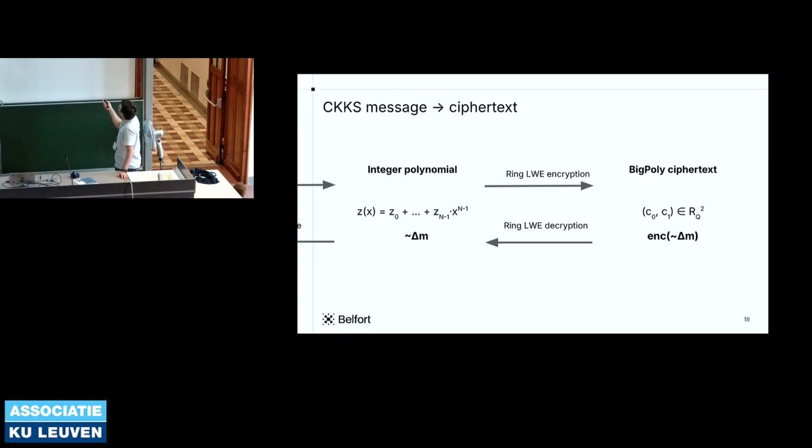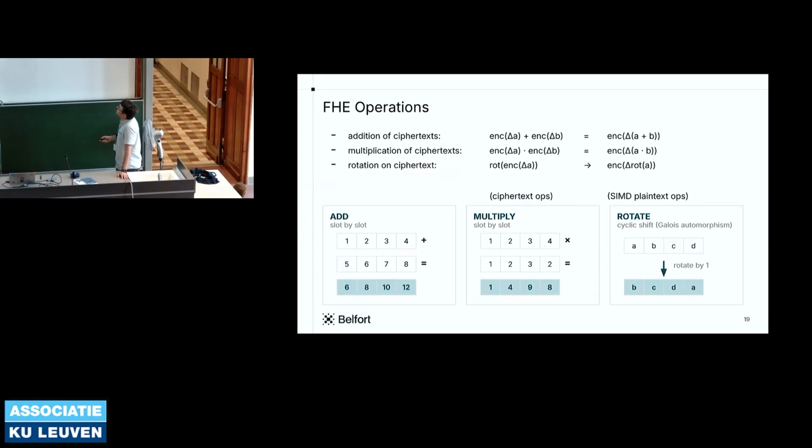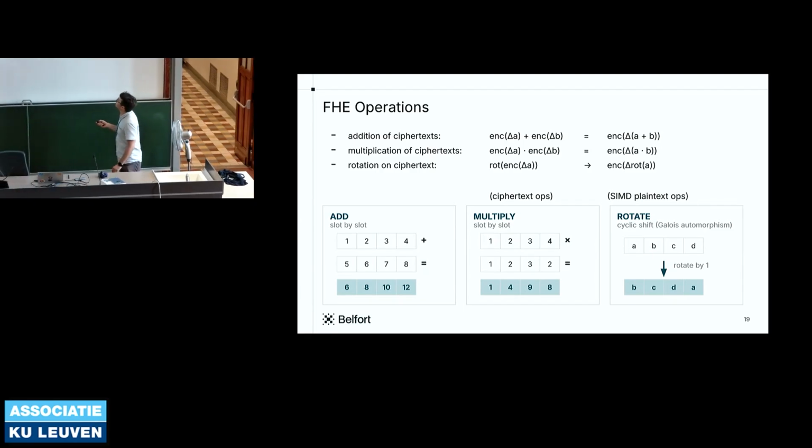I didn't encrypt M, I encrypted delta M. So now, what do I need if I want to have an FHE scheme? I should be able to both add and multiply ciphertexts. Addition is fine, because the encryption of delta A plus the encryption of delta B is going to be the encryption of delta (A plus B). That's just how linear algebra works.